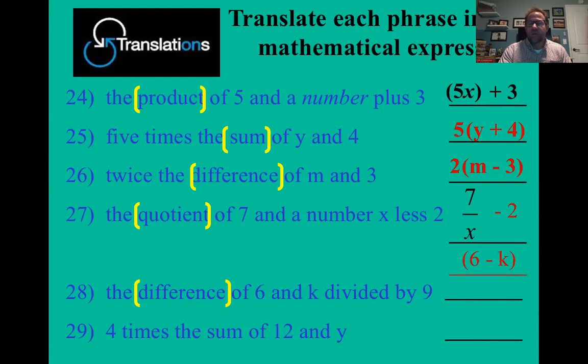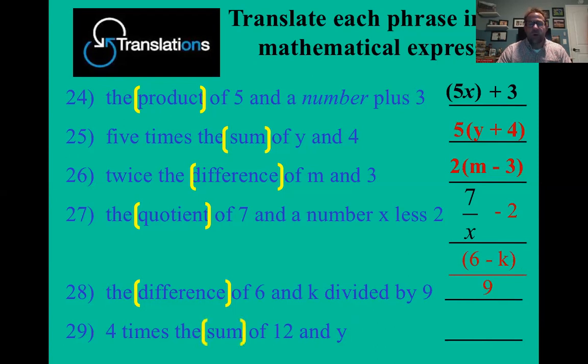You could use a divide symbol, but we want to use this divide fraction line, divided by 9, okay? This is kind of more the way we would write it in high school, with a fraction bar, meaning divided by.